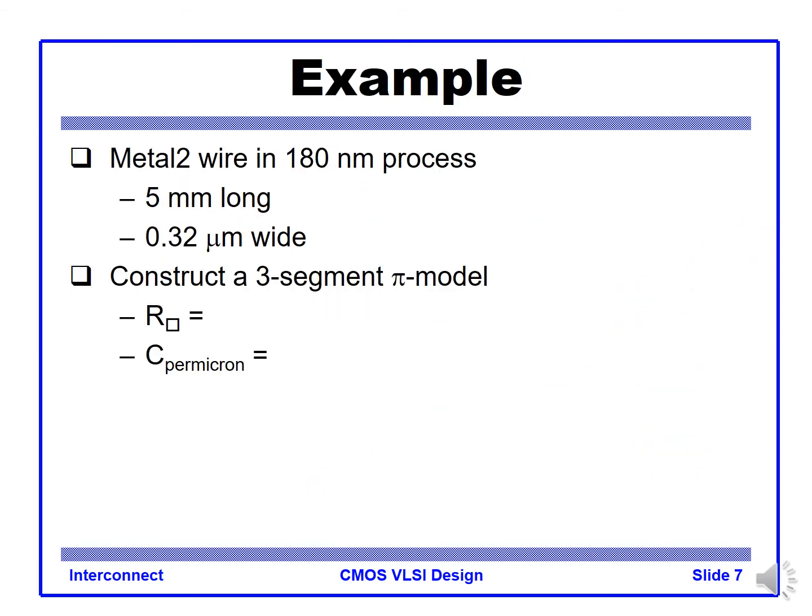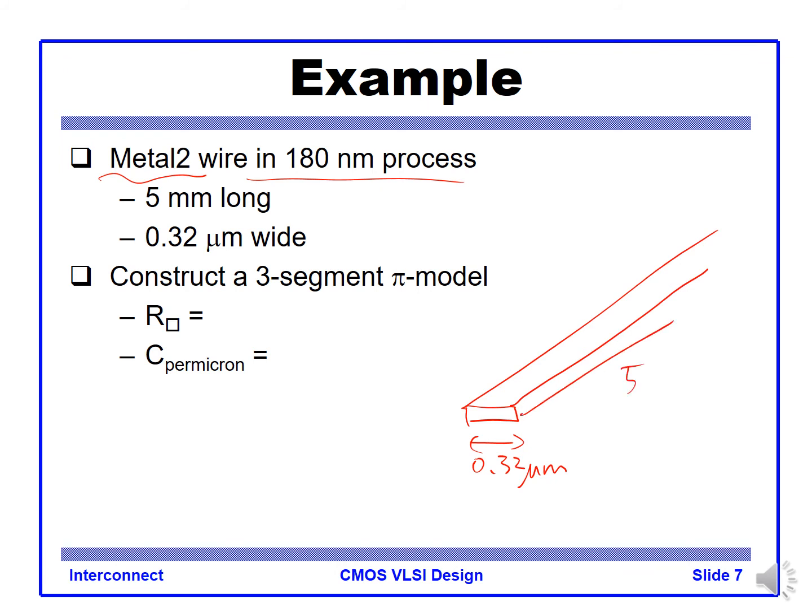Let's see an example. Let's consider a metal 2 wire in a 180 nanometer process. It is 0.32 micron wide and 5 millimeter long. Quite a large, long line there. Let's estimate the RC first. To calculate the resistance and capacitance, we need to know the R square.